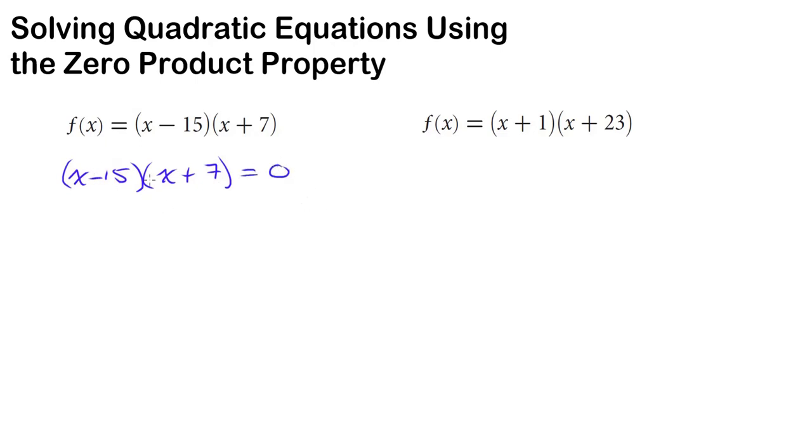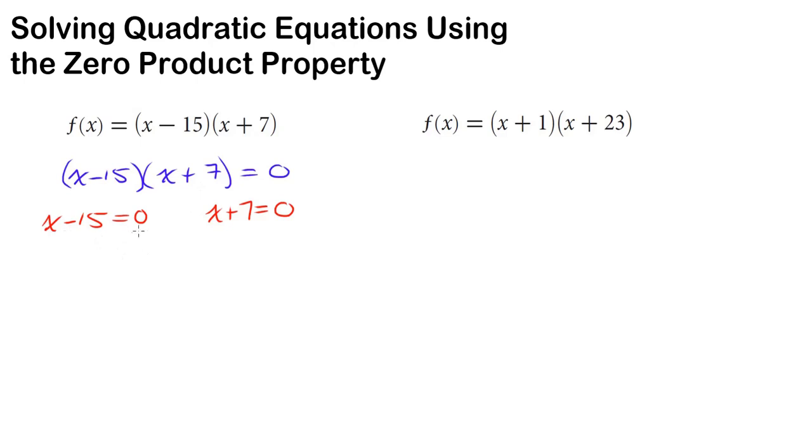And so if A times B equals 0, then either A equals 0, so I can write the equation x minus 15 equals 0, or B equals 0, so I can write x plus 7 equals 0, or both. And what we want to do now is just go ahead and solve these very simple one-step equations.